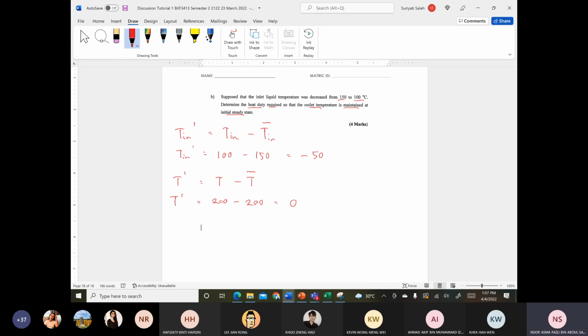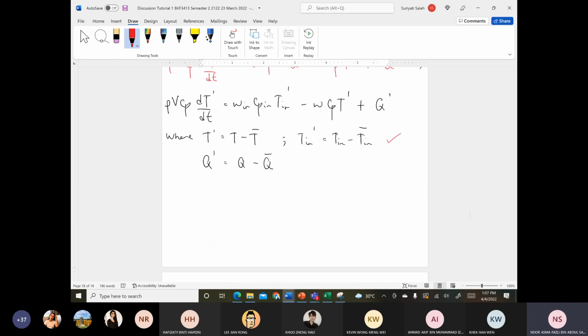So now the condition is that when your inlet liquid temperature decreases and the outlet temperature is maintained, what happens to your heat duty? This is what the question wants you to solve. So we will use the deviation form equation.